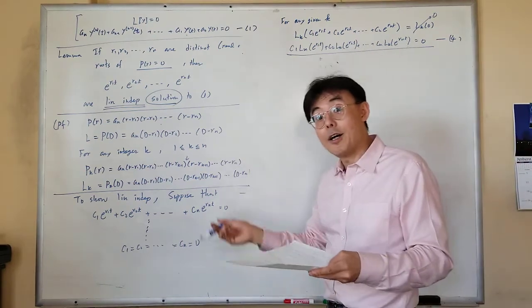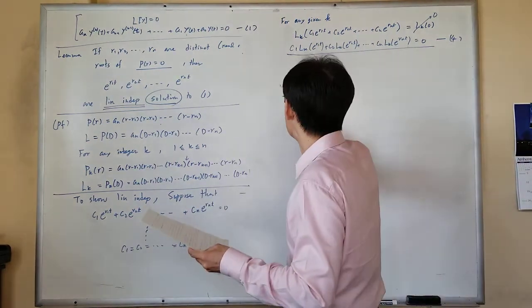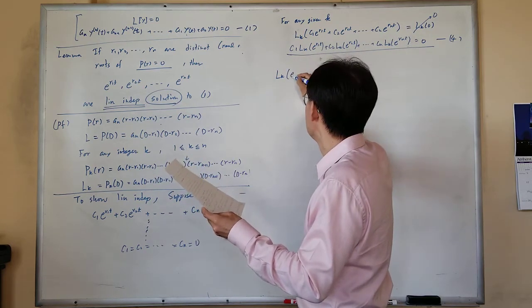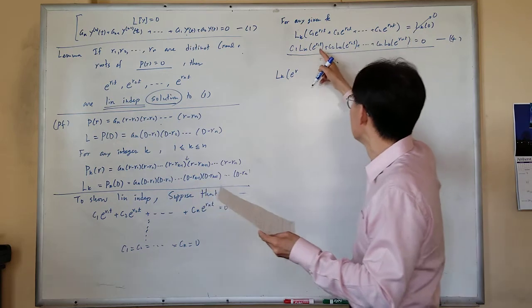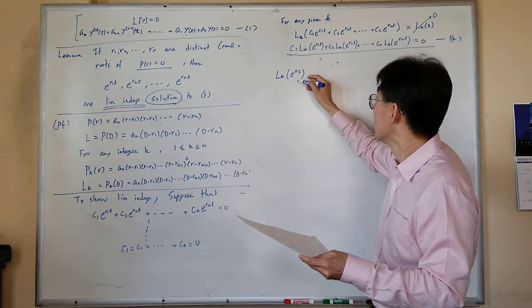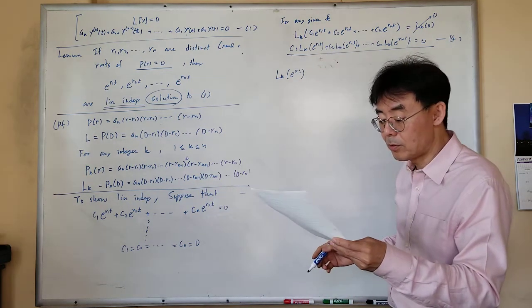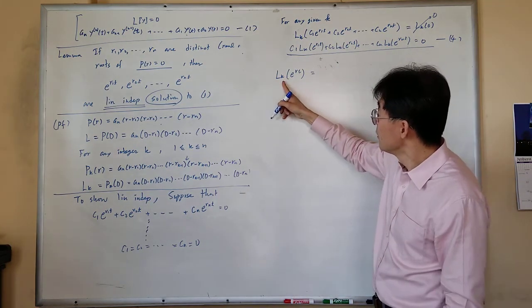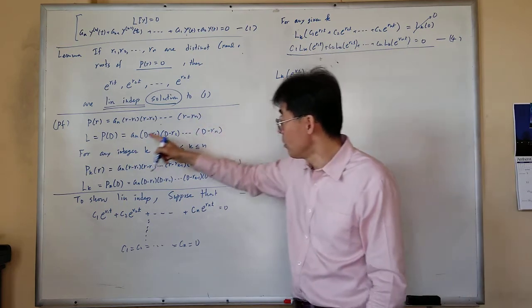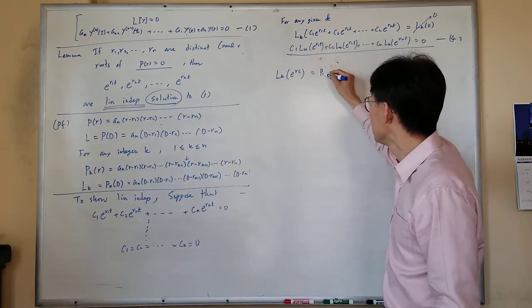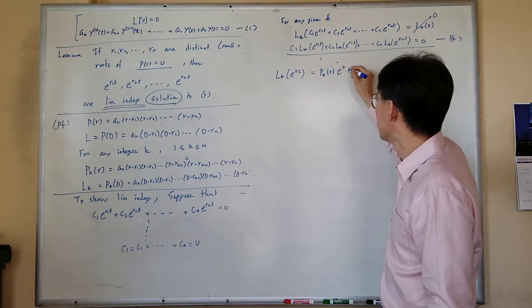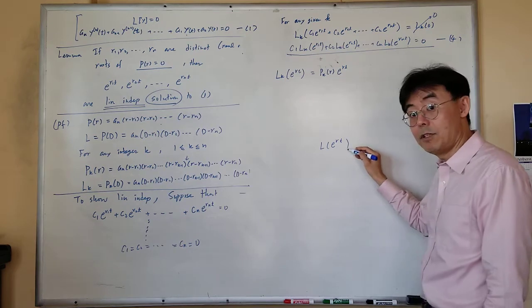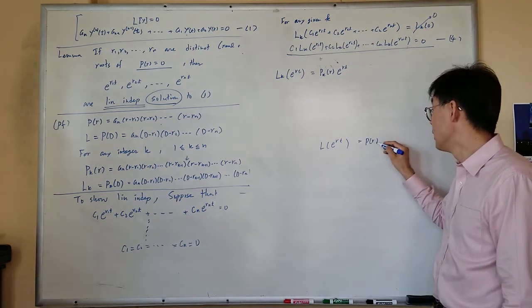Now, L_k of e^(rt). Just think about what that means. L_k of e^(rt) is, we know that its own characteristic polynomial will come out: P_k of r times e^(rt), just like L of e^(rt) equals P of r times e^(rt).